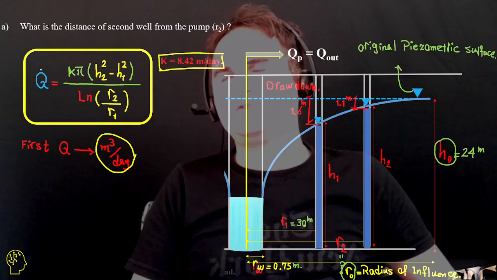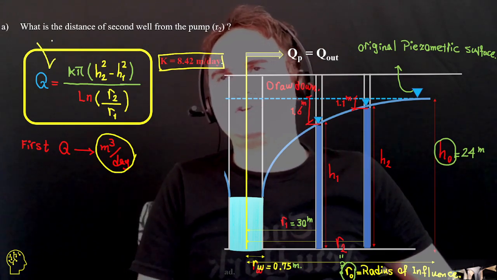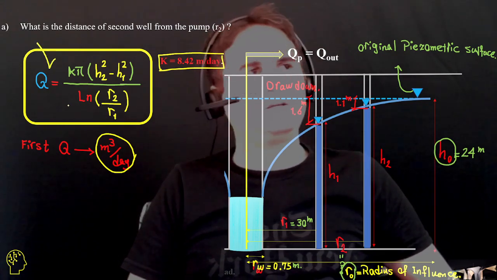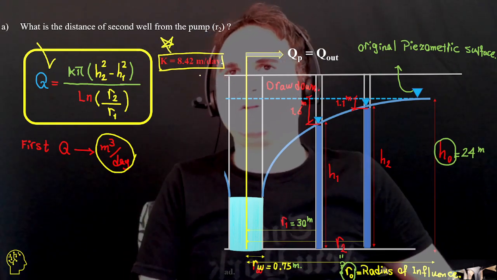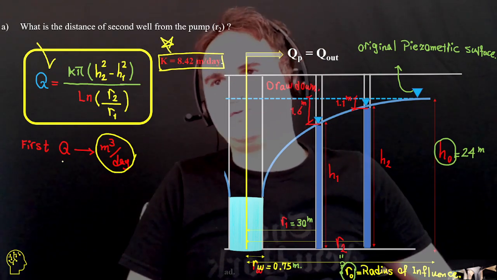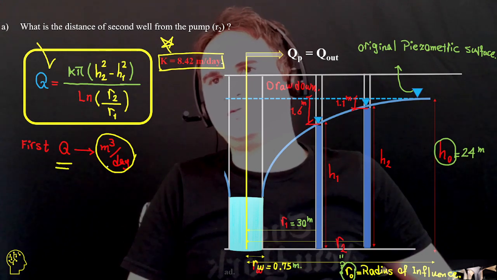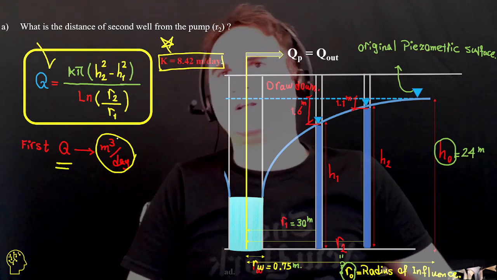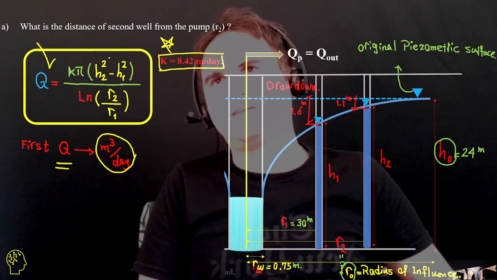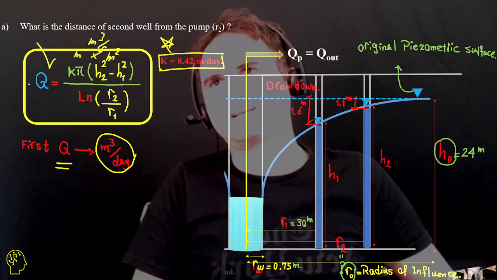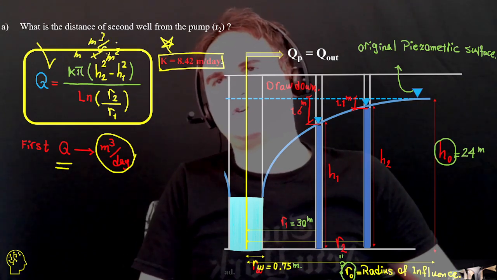We already calculated Q for the unconfined aquifer, and first, because of the unit of K, we need to convert Q to meter cubed per day. Don't worry, K is meter per day and Q is meter cubed because we have a meter squared here. So this is meter times meter, which gives meter cubed per day.